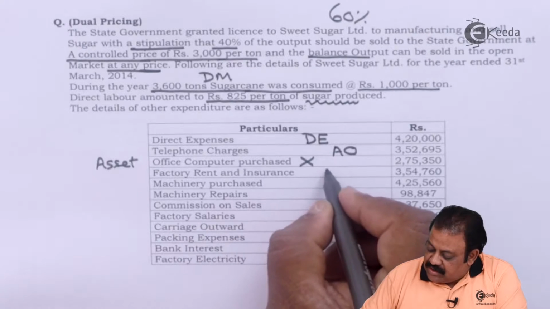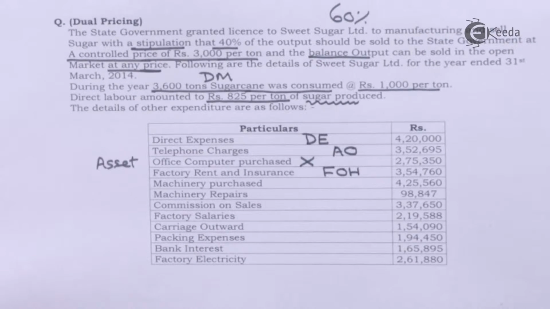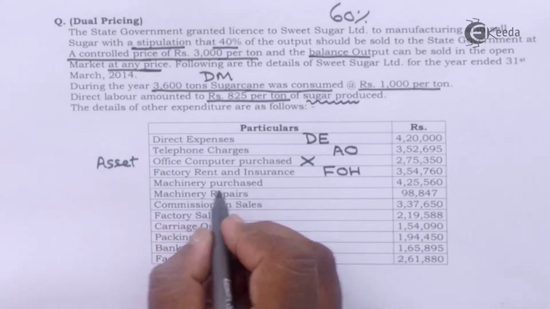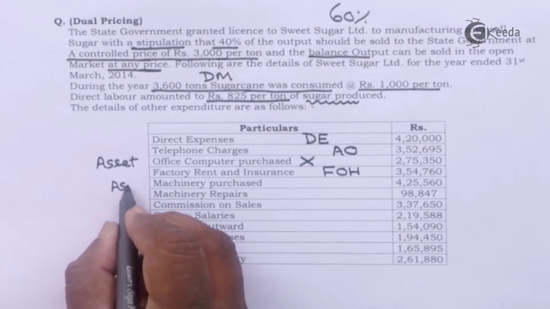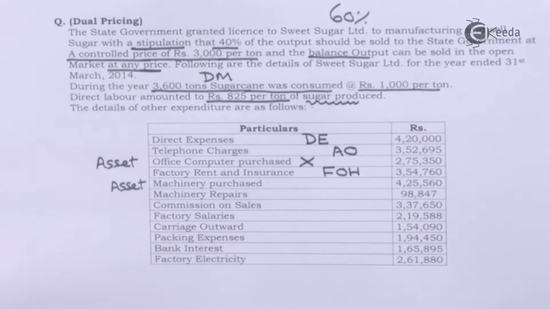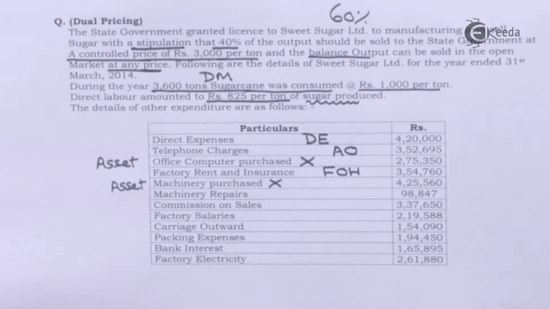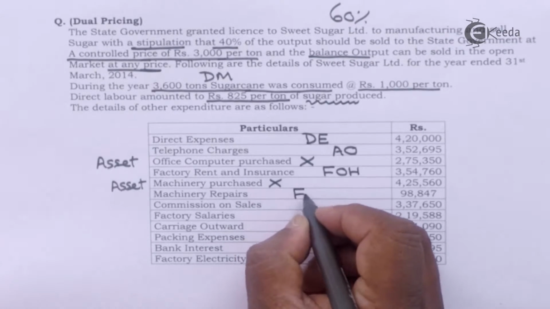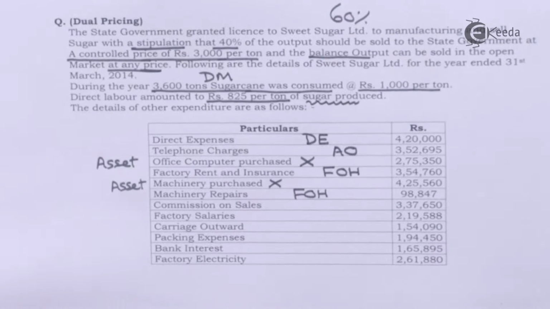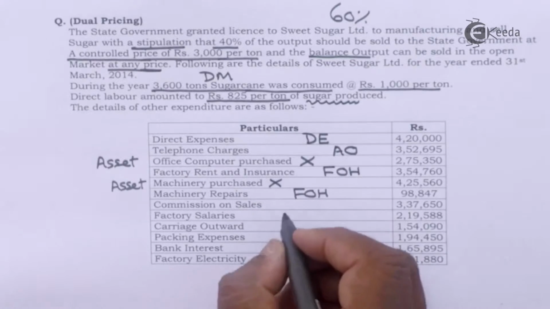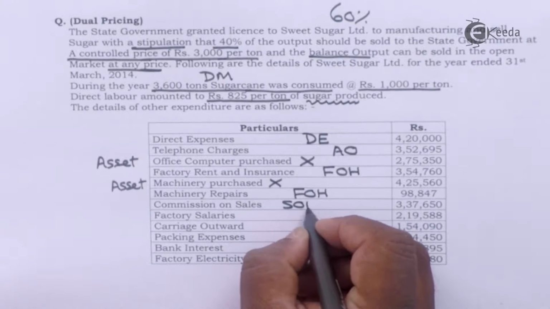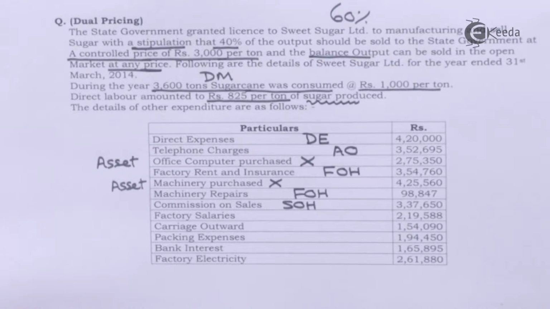Factory rent and insurance, factory overheads. Machinery purchase, it is a purchase of asset, not recorded in the cost sheet. Machinery repairs, factory overheads. Commission on sales, selling overheads.